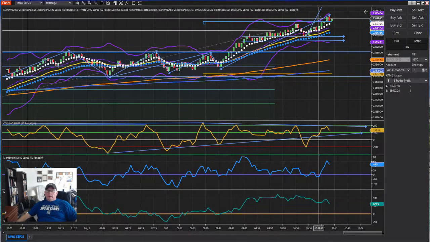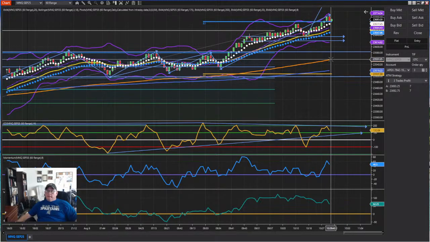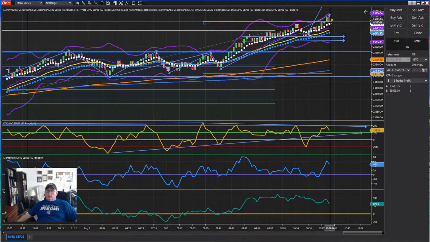So the R1 correction, maybe back down to pivot before it goes back up, or is this going to hold and be strong?